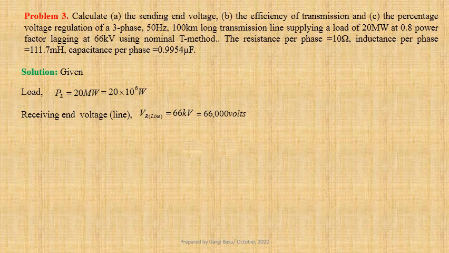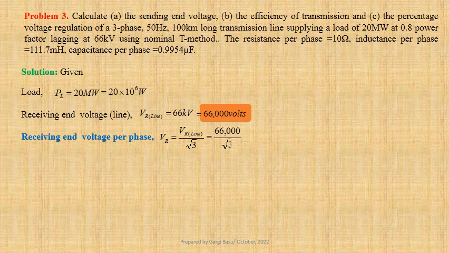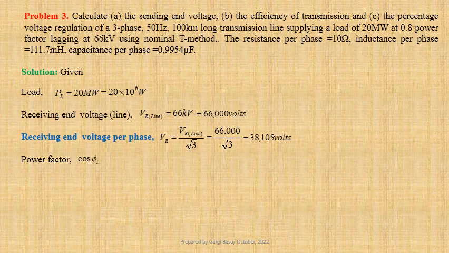For star connected system, receiving end voltage per phase VR equals VR line divided by root 3, that is equal to 66,000 divided by root 3, that gives us 38,105 volts. Given load power factor cos phi L equals 0.8 lagging.